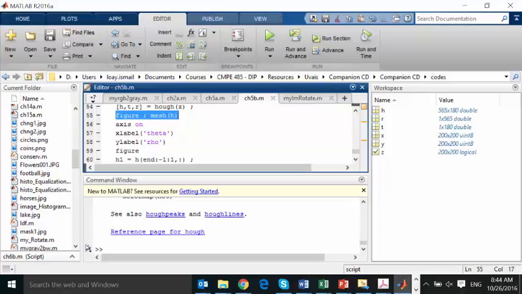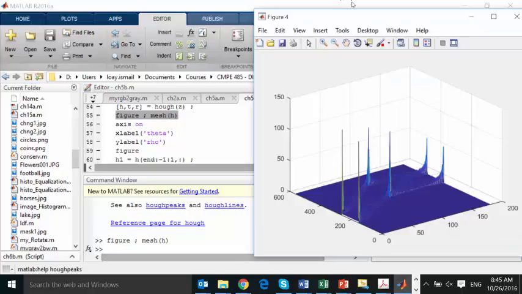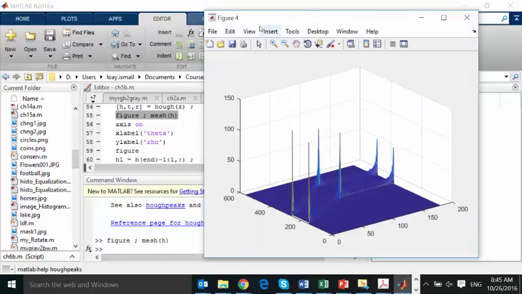So let's take this as a copy, paste it. So it will be something like this. Okay. So as you can see here, these peak values, they correspond to these straight lines. Okay. The other low values here, this cannot be considered as straight lines. I may have non-zero values here, but the value is too low to consider it as a straight line.